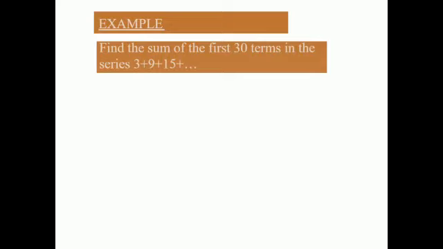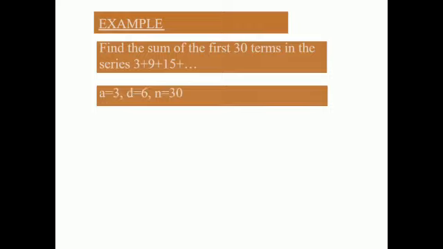3 plus 9 plus 15. This is a series. We have to find the sum of the first 30 terms. Okay, so we don't know the last term. So which formula are we using? Before we start, write a is equal to 3. What is the common difference here? 6.